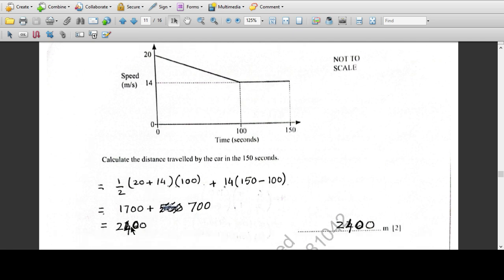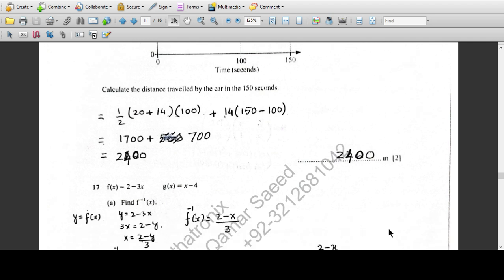So the total is 2400 meters. This is the total distance covered from 0 to 150 seconds: 2400 meters.